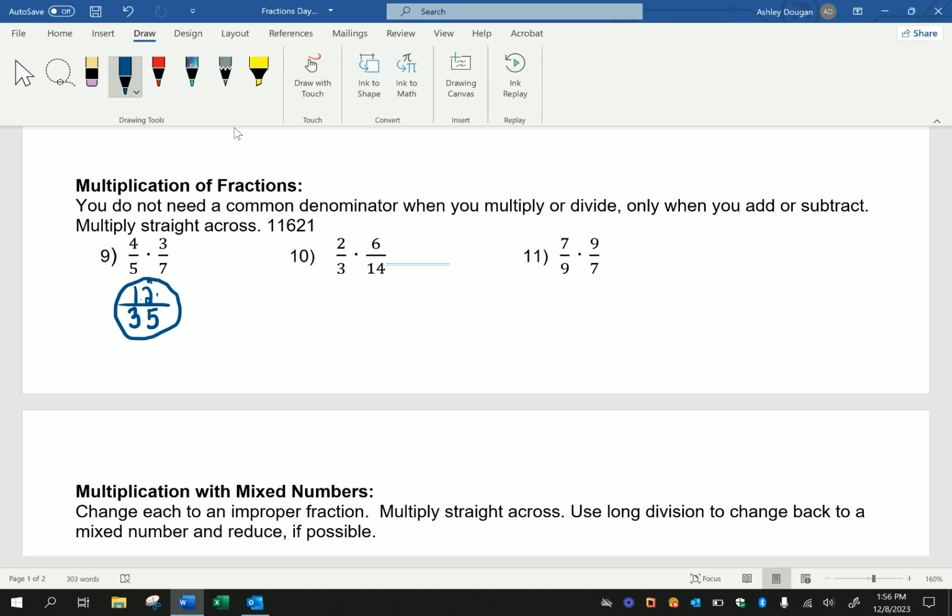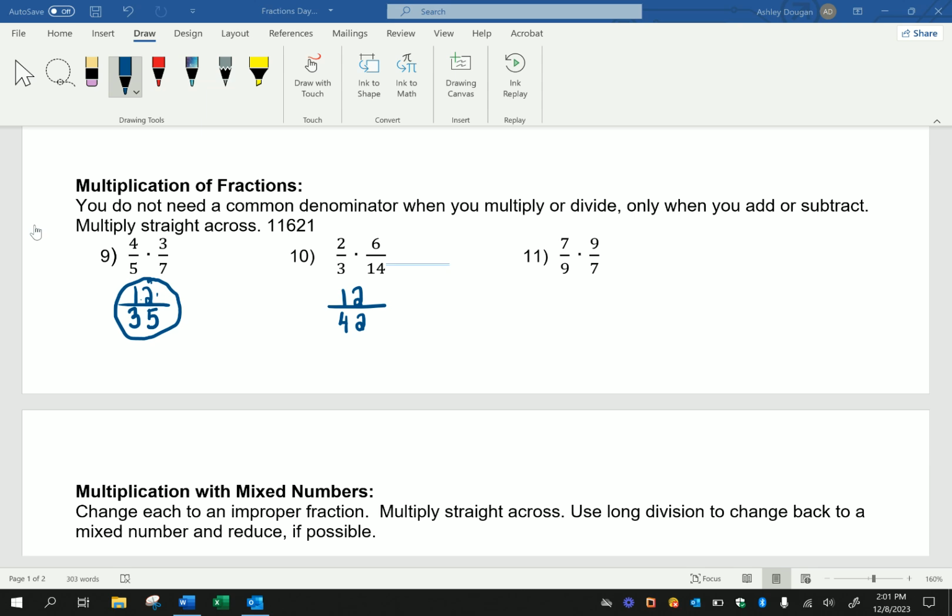For number 10, I'm going to multiply straight across. 6 times 2 is 12. 3 times 14 is 42. And I want to make sure that I have my answer in simplest form. Since they're both even, I know they can at least divide by 2.